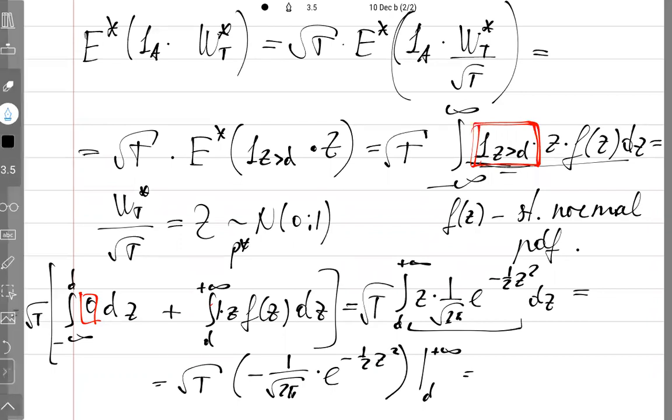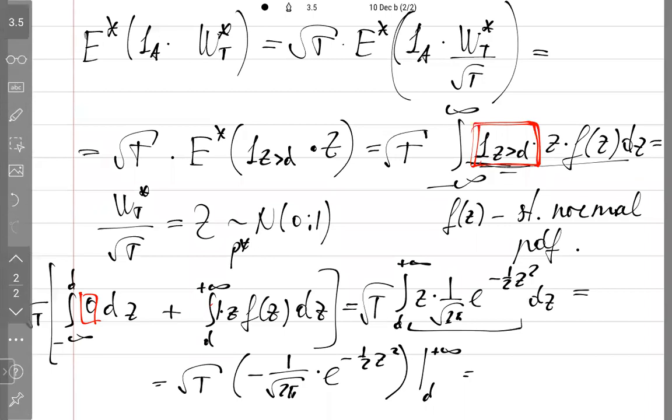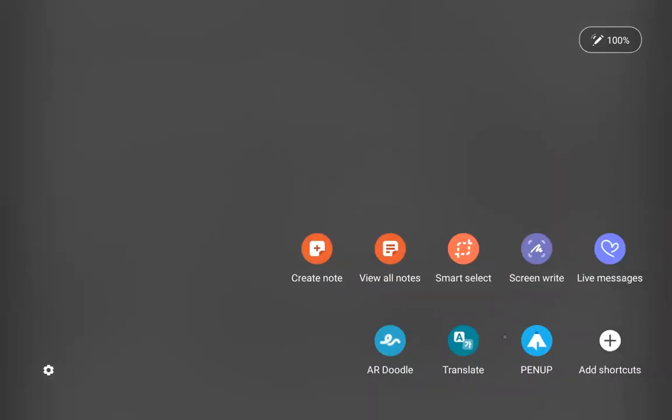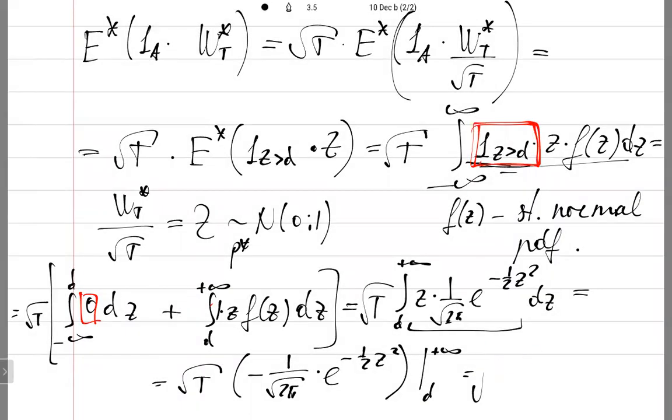If I plug d, I will get 1 over square root of 2 pi exponent minus d squared over 2.